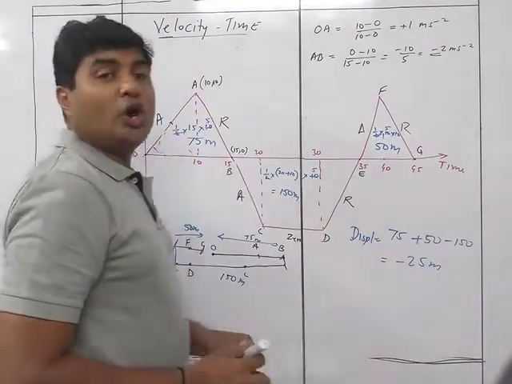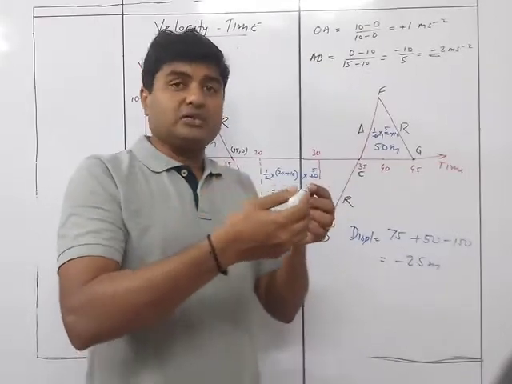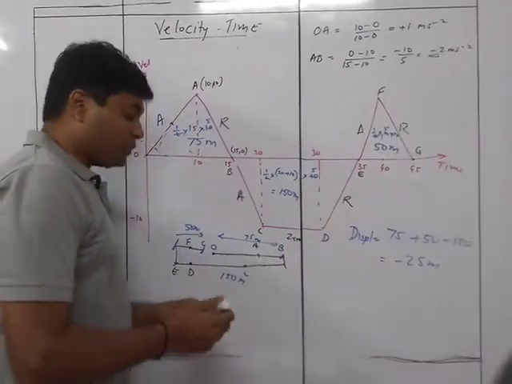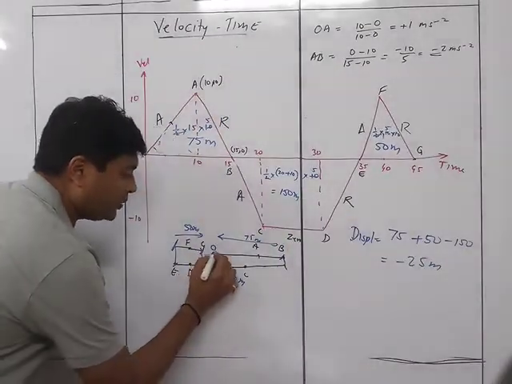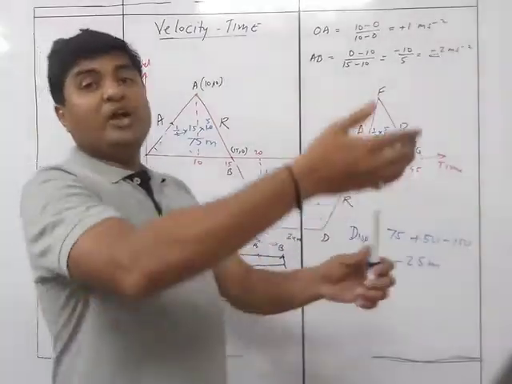That means your start point was 25 meters, or say your end point is 25 meters. From here to here is 25 meters. So this is 25 meters beyond the start point.